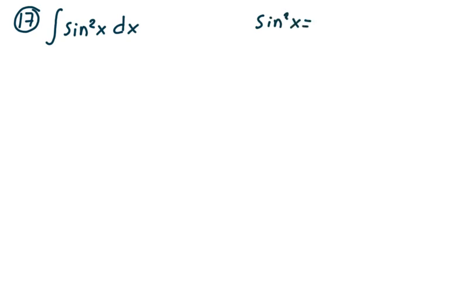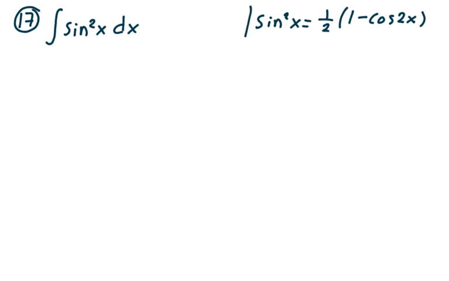Let's take a look at 17. Suppose we have the integral of sine squared x dx. Now, it turns out we can derive something similar for sine squared x. It turns out that sine squared x is 1/2 of 1 minus cosine of 2x.